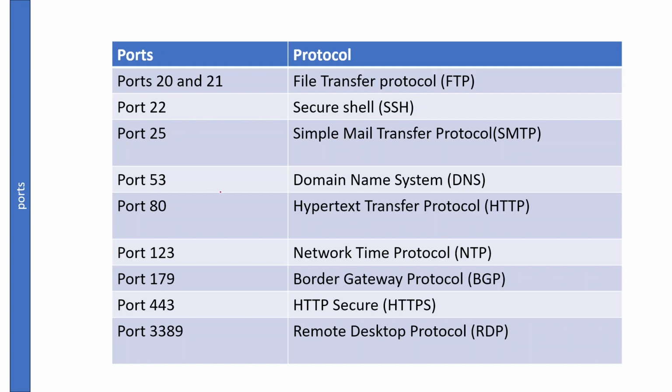After that, port number 53 for the domain name system, DNS. Port number 80 for HTTP, hypertext transfer protocol. Then HTTPS uses port number 443. We have these port numbers, right? We have around 65,000 port numbers, but basically the first ones, that means from 0 to 1023, are used for the system services.